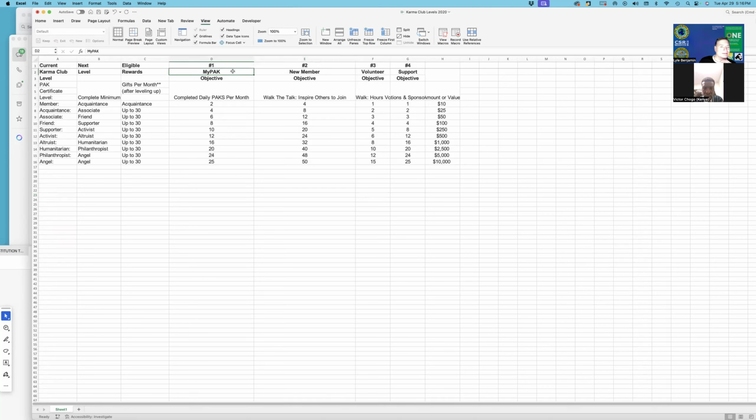So let's see. We'll call this daily packs. Make it uniform. This might not be daily acts. Okay, this is daily packs. Completed daily packs per month.